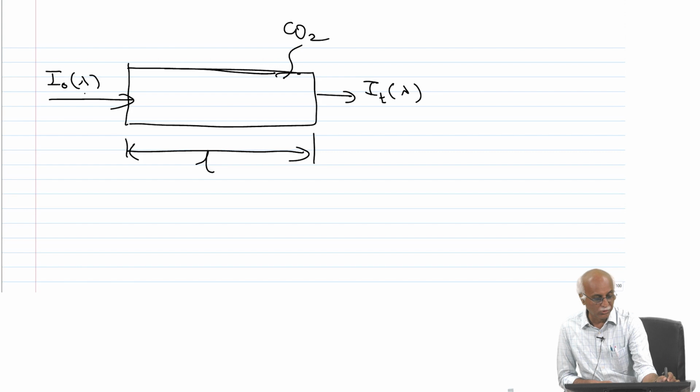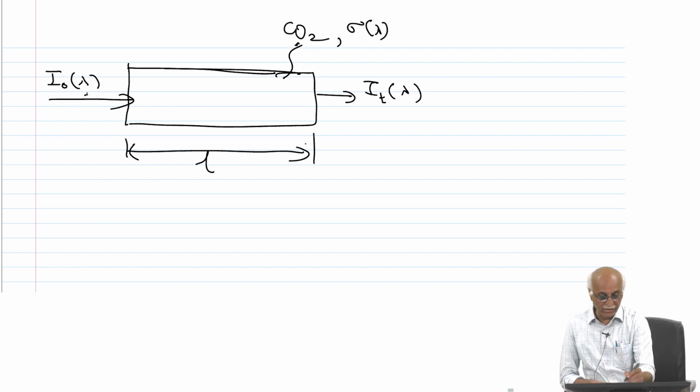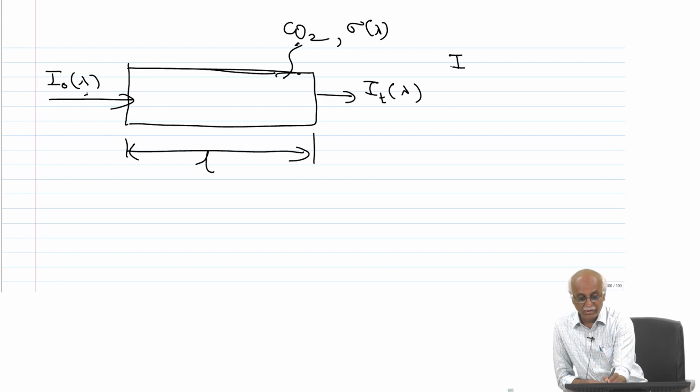So corresponding to this lambda and this molecular structure, we know what the sigma lambda value is. So from this, as I had written in the previous equation, I can easily find the concentration, by using this form, where sigma lambda into n is known as the absorption coefficient. Okay.